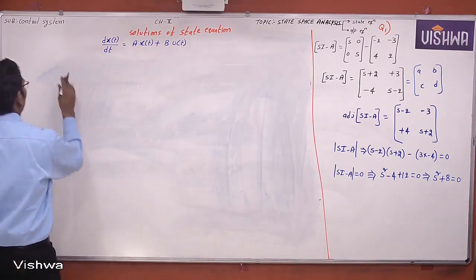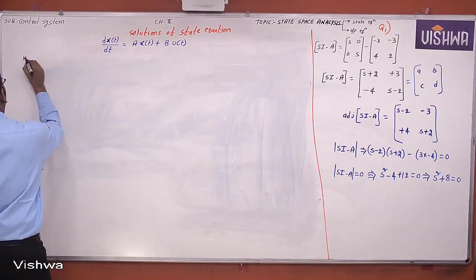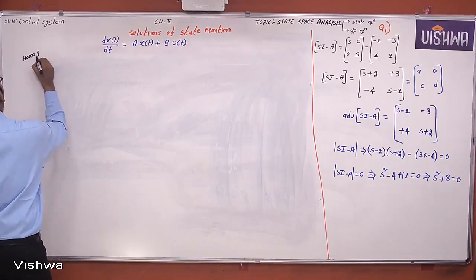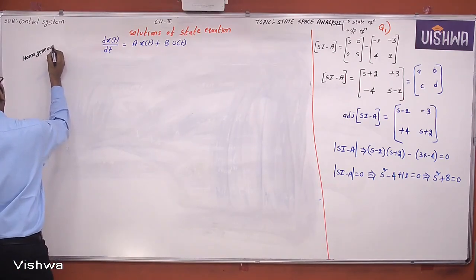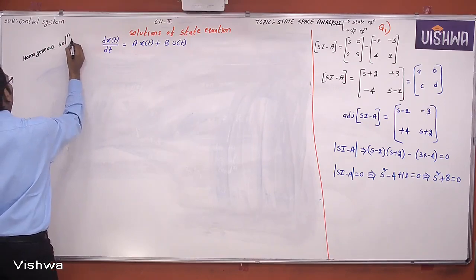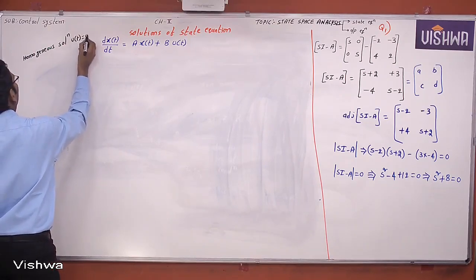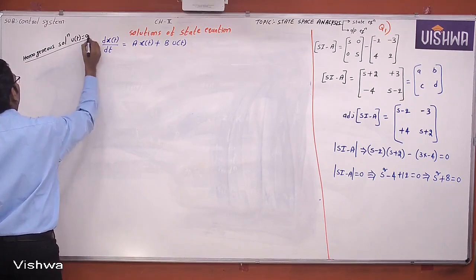First we'll see the homogeneous solution. Homogeneous solution means u(t) equals 0.